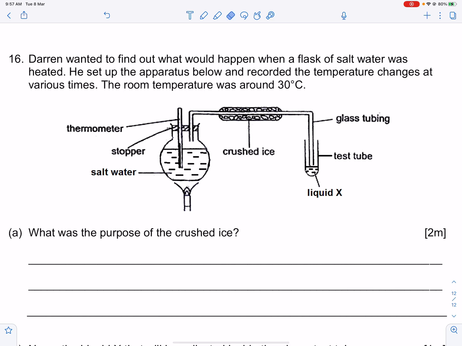You have salt water being heated up. Okay, this would tell you that evaporation has taken place. You also have things like a crushed ice and then some liquid that's being collected. So you know that this is probably a water cycle setup.